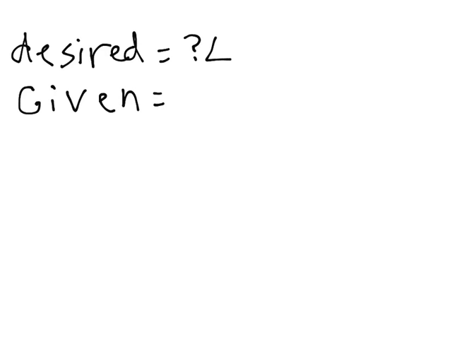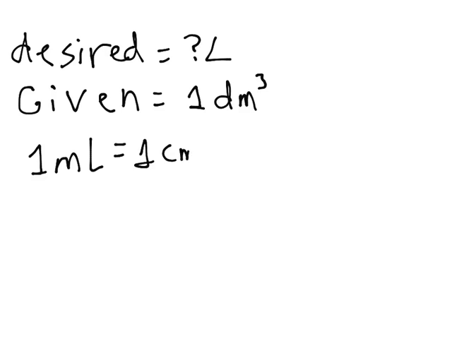So the desired will be something of liters, and the given unit will be 1 decimeter cubed. I know this may seem complicated at first, but it is a very simple problem. And they're giving you a conversion factor that 1 milliliter is the same as 1 centimeter cubed.